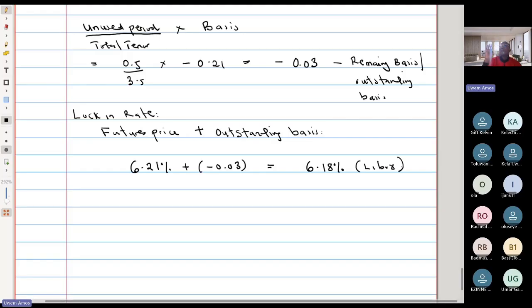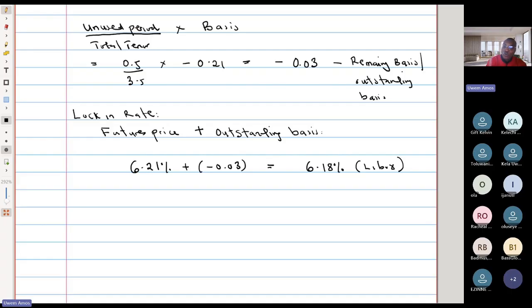So regardless of what the interest rate is on December 16th, let LIBOR be 100%, 200%, as soon as Mr. Bicard enters into this contract, they have fixed their borrowing at 6.18%, and the market would ensure that they get 6.18%.